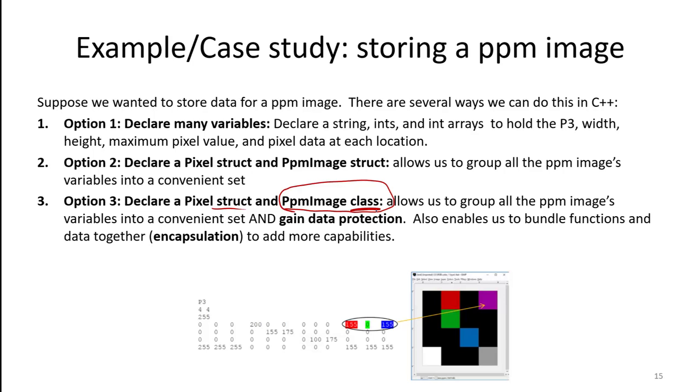First thing we'll notice is that we keep all the same benefits of structs. So we'd still be able to group our data into a set, but we also gain data protection. And we also gain the ability to bundle functions and data together to get even more capabilities.